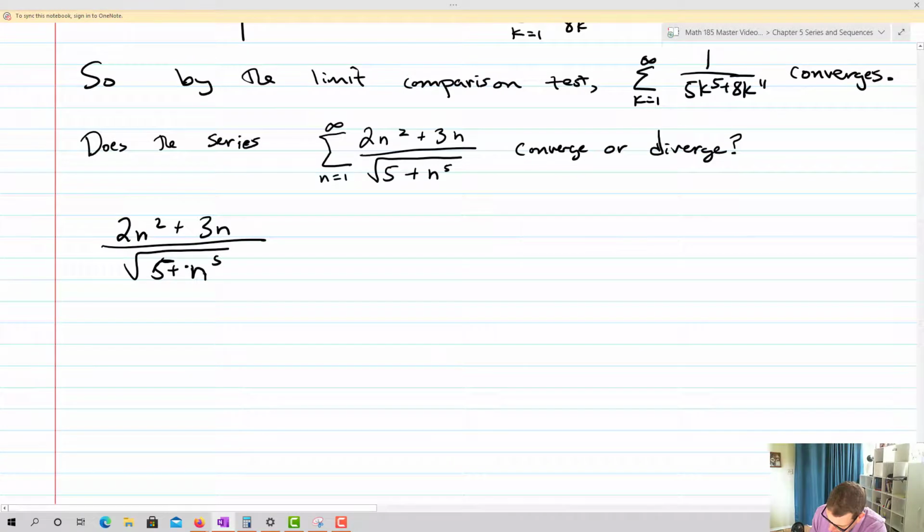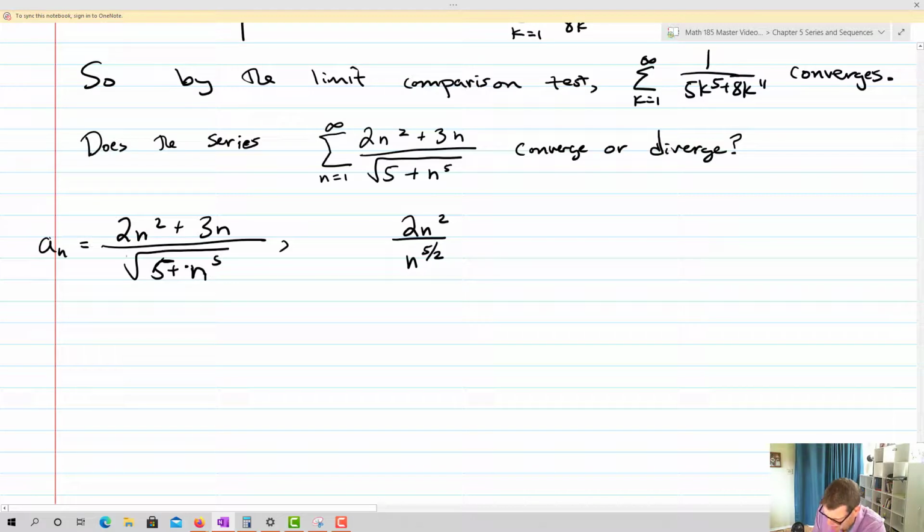And when I look at this, what I'm going to notice is that the dominant part on top is the 2n squared. So I'm going to take 2n squared on the top, and then on the bottom, the dominant part is n to the 5 halves. Okay? So basically, I take the dominant part of the top. So this one's going to end up being my a sub n.